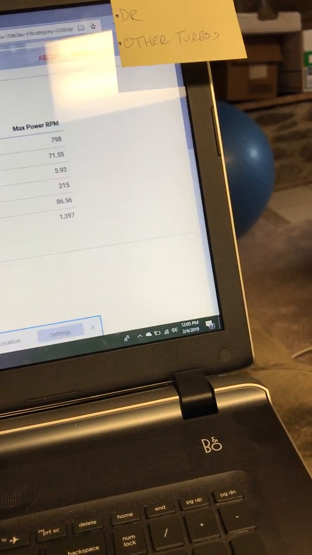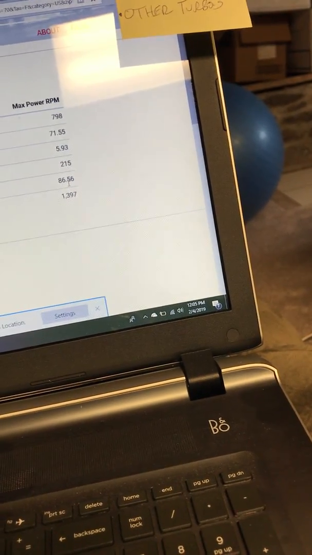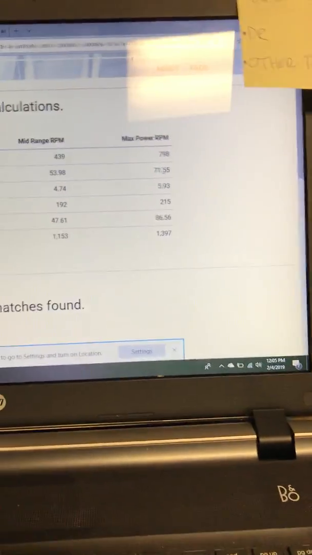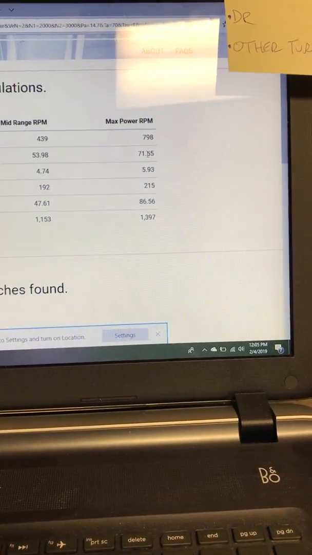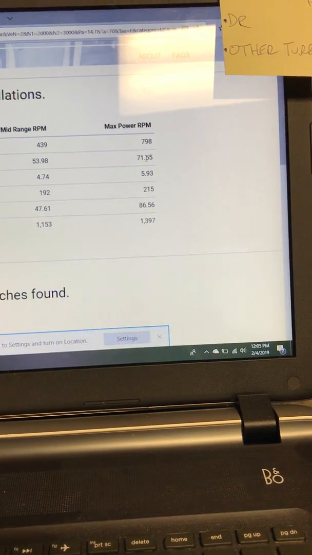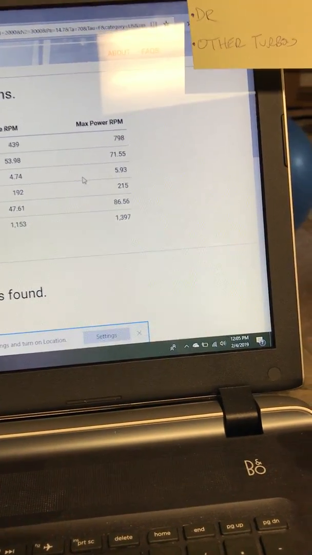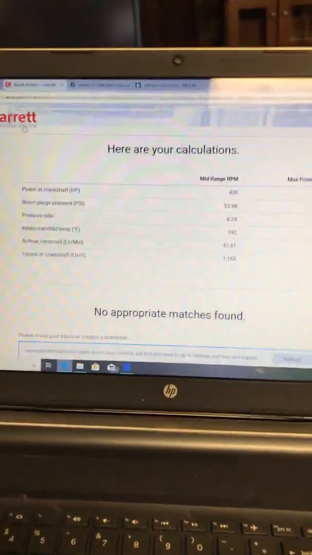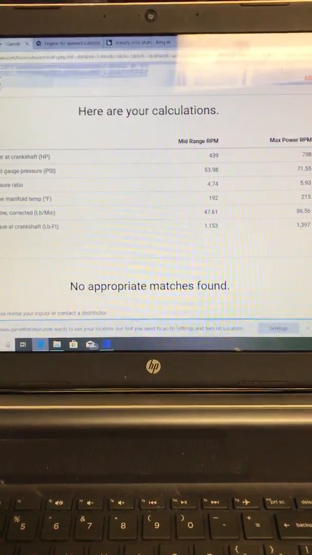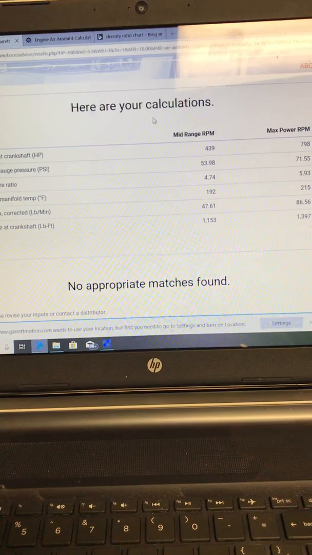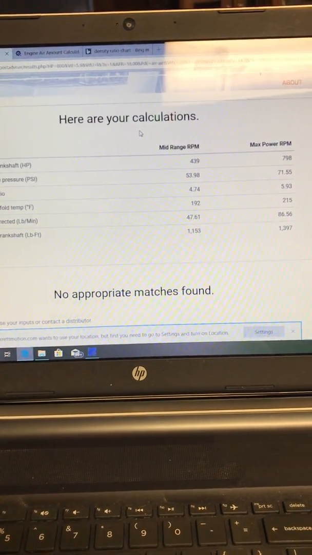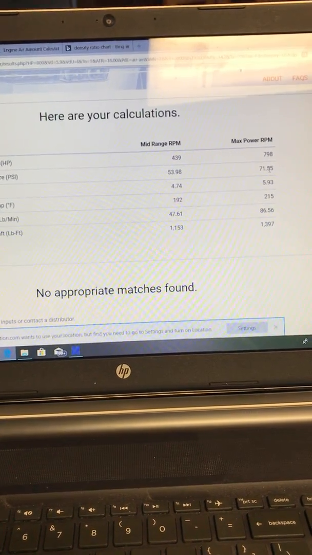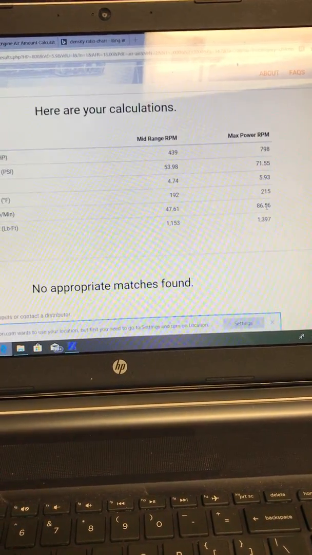Let's go back and compare that to Garrett. 86.5 at 71. I'm not computing my pressure ratios on the fly, but anyway, they're fairly close. I think Garrett takes in a lot more factors in its calculations, and I like that you start with horsepower and go with your engine size, and then it tells you how much boost pressure and how much airflow you need.